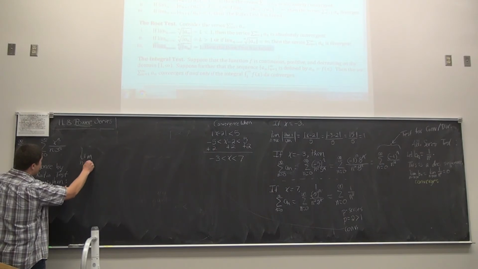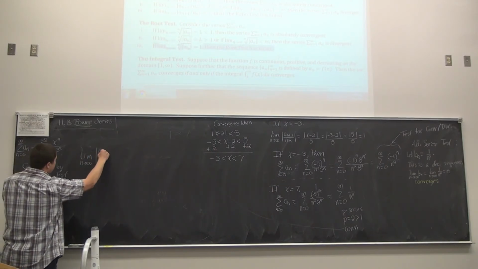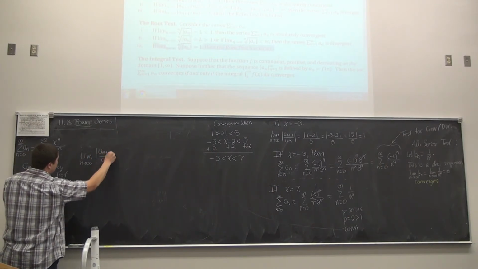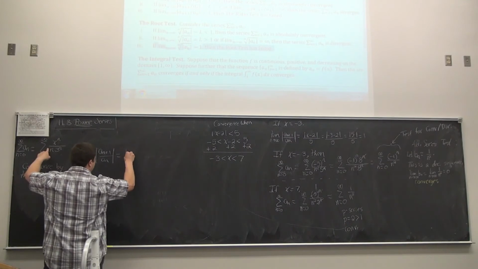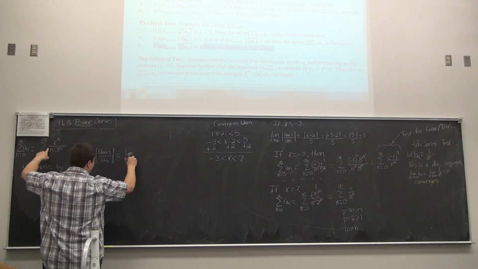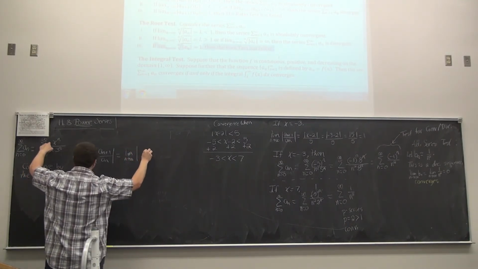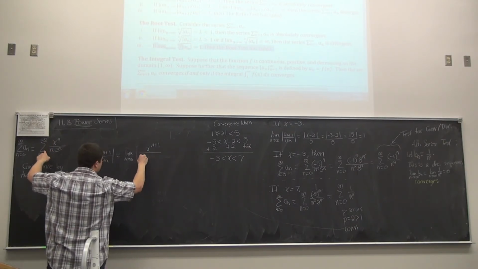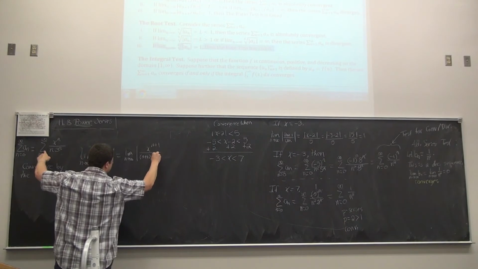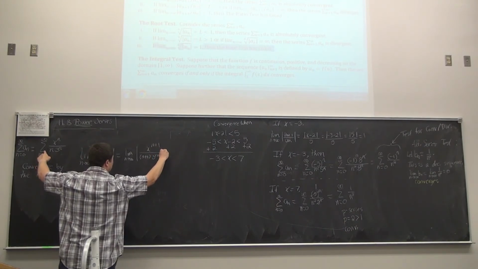So the limit as n goes to infinity of a sub n plus 1 divided by a sub n, and this is our a sub n. First, the limit as n goes to infinity. We'll do a sub n plus 1 to get x to the power of n plus 1 divided by n plus 1 times 3 to the power of n plus 1.